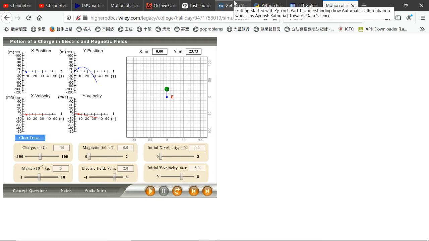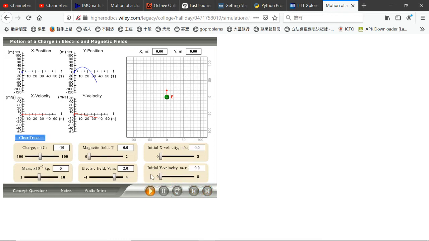First of all, we can make the velocity 0. Field, charge, mass, positive charge, clear trace.